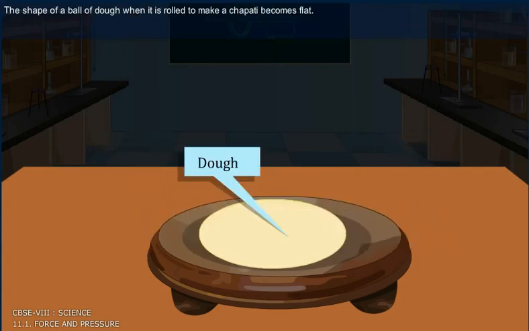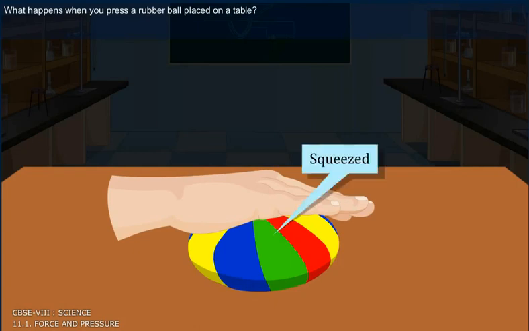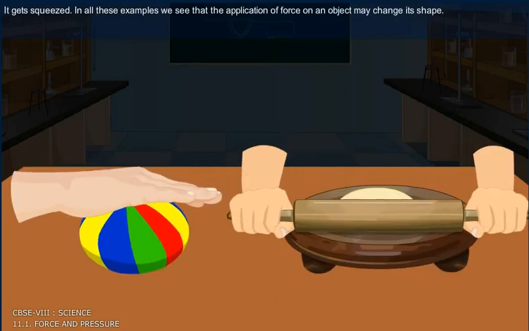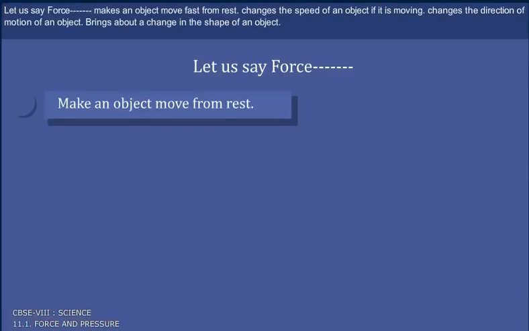The shape of a ball of dough when it is rolled to make a chapati becomes flat. What happens when you press a rubber ball placed on it? It gets squeezed. In all these examples, we see that the application of force on an object may change its shape.